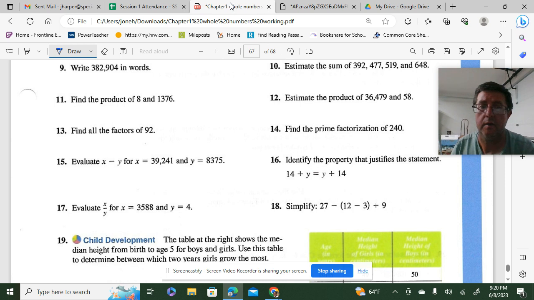I will be sending you guys chapter 2, which is just fractions and decimals, something that we have worked with prior. And then we will be working on, I don't know what the third one is, rational numbers or something.